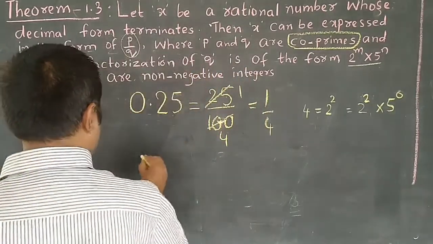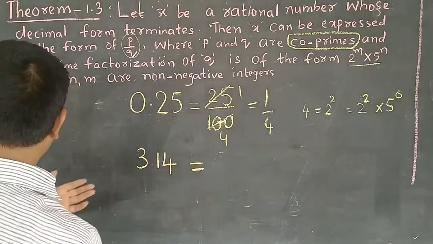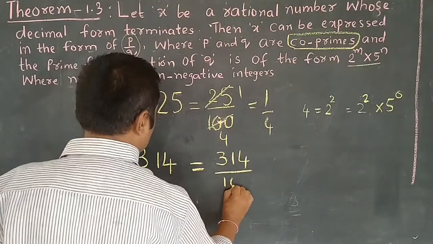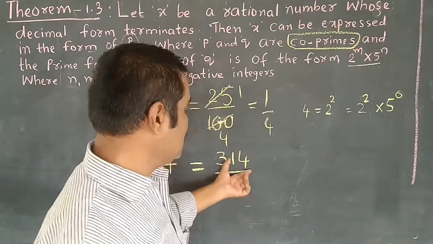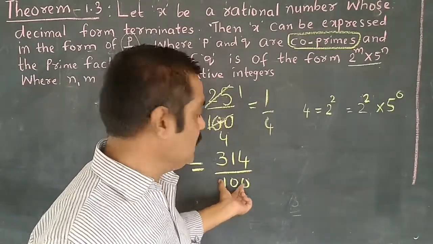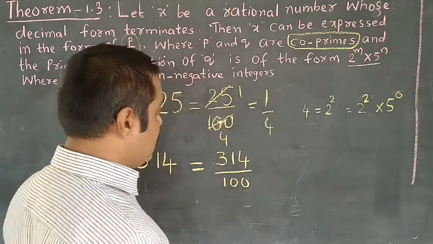One more example I am taking: 3.14. This 3.14 we can write as 314 by 100. But these two are also not co-primes. Why? For these two numbers there are also so many common factors, such as the 2 table. So make them co-primes.